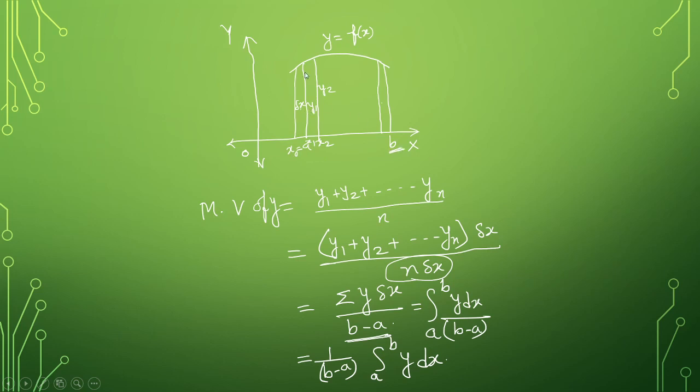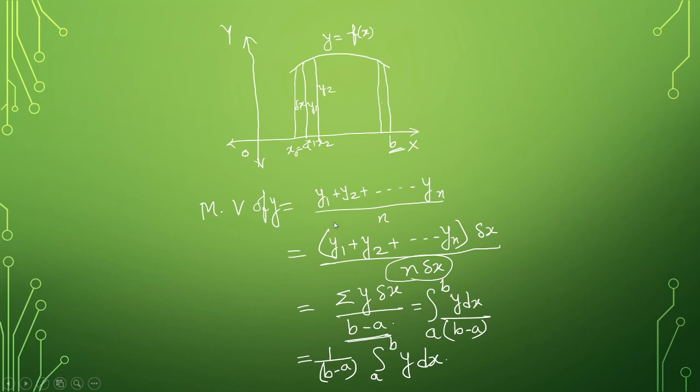Therefore, for x1 this is the value y1, for x2 the value y2, up to xn and yn. Now this width is delta x1, then delta x2, in this way.